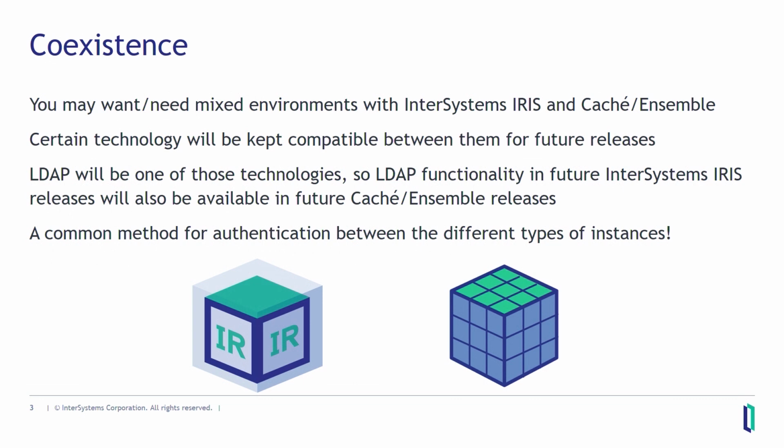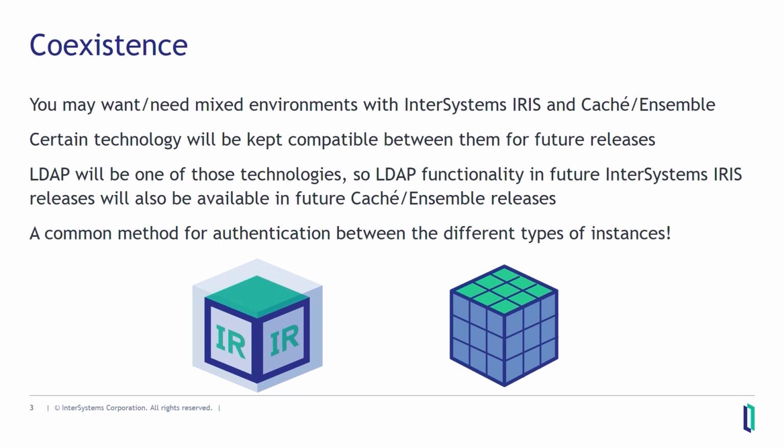Okay, so a word on coexistence. Product management has really wanted me to get you comfortable with the idea of introducing IRIS into your environment. So maybe you can't just suddenly convert all of your Caché Ensemble instances to InterSystems IRIS, but you can spin up a new IRIS instance and leverage some of that functionality. This word coexistence means that some technology will be kept compatible between IRIS and Caché Ensemble, so it'll be easier to interconnect them, things like ECP for direct access.